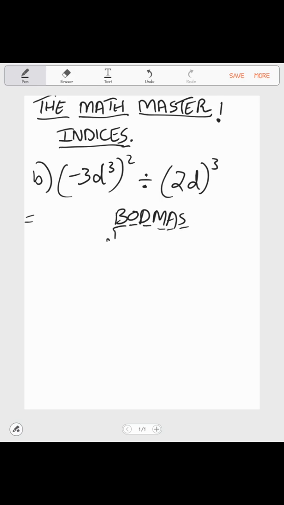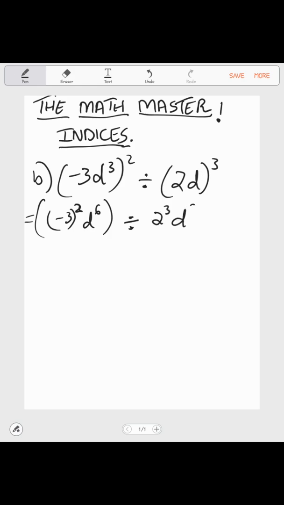So first of all, we have to open the brackets, and to do that we have to put the powers on them, so the bracket is opened. Similarly, it will become minus 3 cubed d to the power of 6. We can put this in a bracket for now because of this divide sign, and we have not completed it because there's still a square right here. So we can now simplify the second bracket, which would become 2 cubed d cubed.